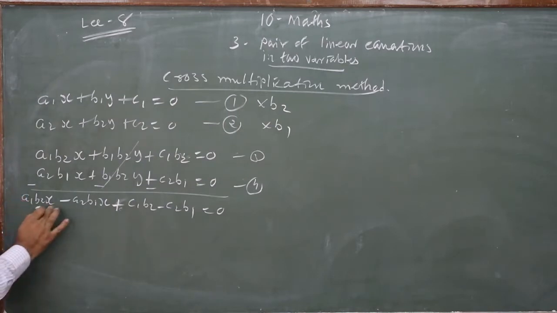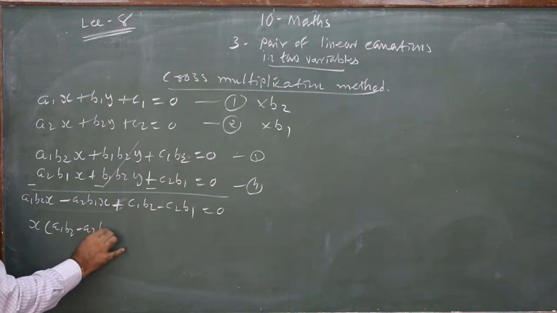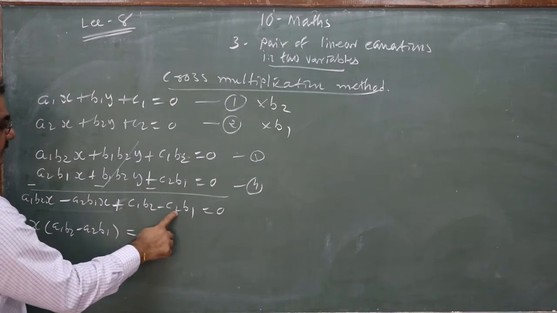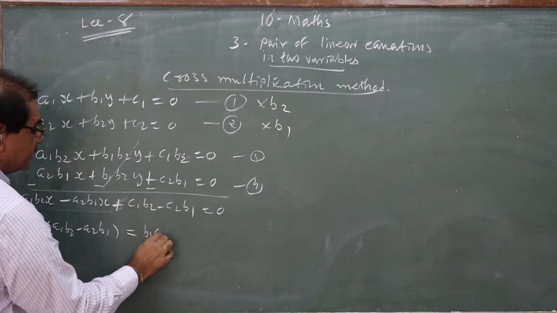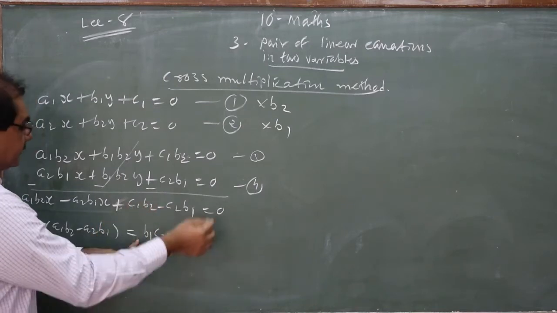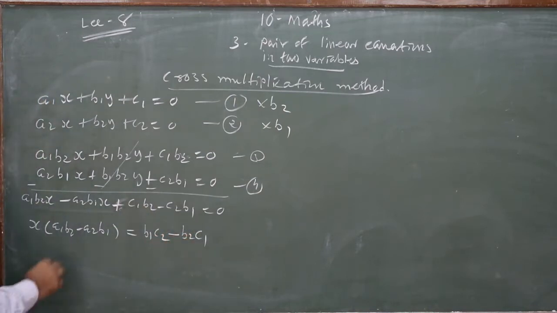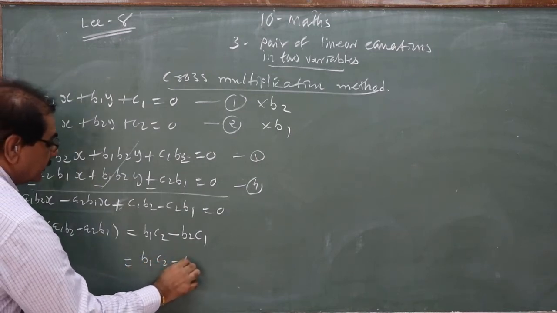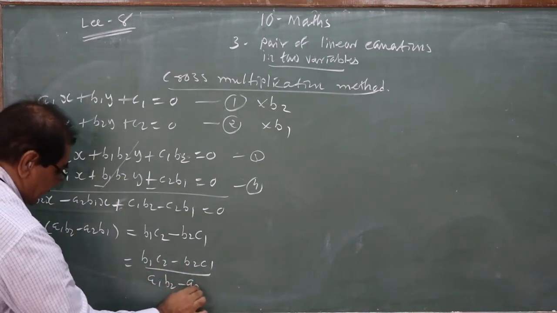Okay? Now here I take x common in the first two terms. x times (a1 b2 minus a2 b1), and I change this to the other side, so minus becomes plus and plus becomes minus. So it is c2 b1, I write b1 c2, it becomes plus, and this plus becomes minus, so minus b2 c1. Got it? So x is equal to b1 c2 minus b2 c1 whole upon a1 b2 minus a2 b1.